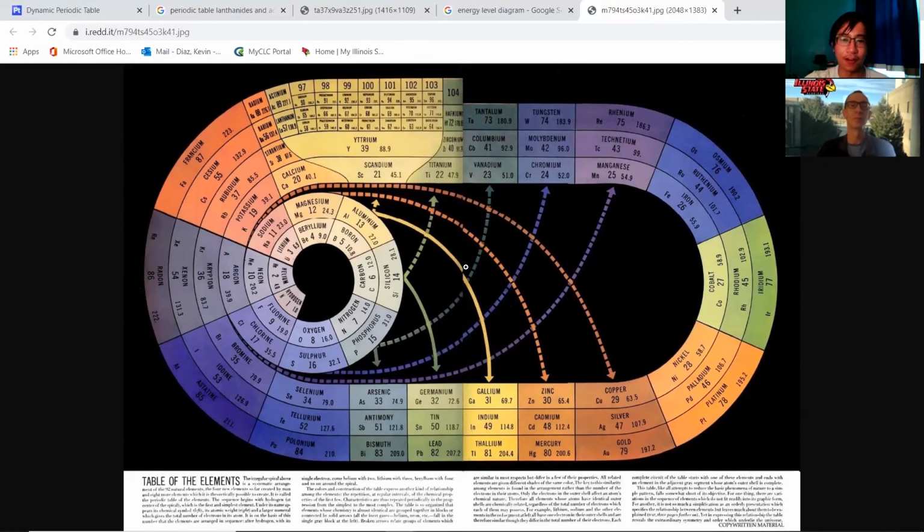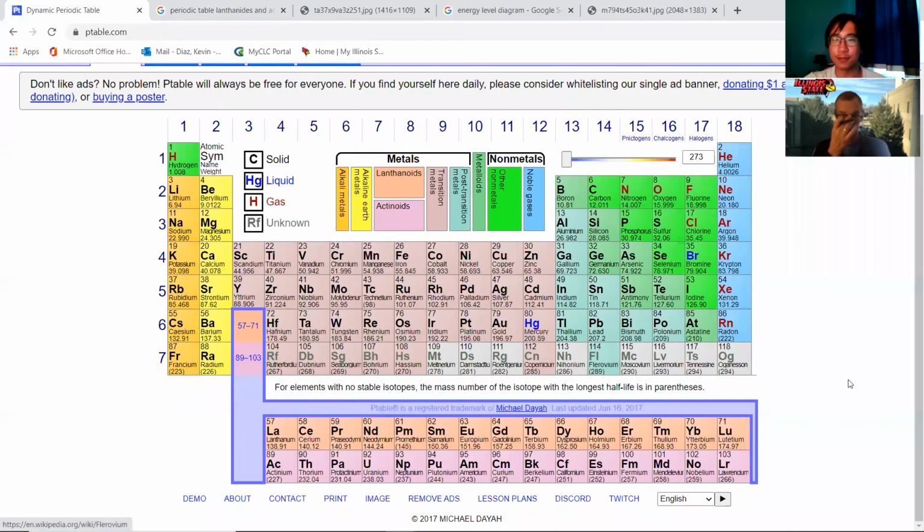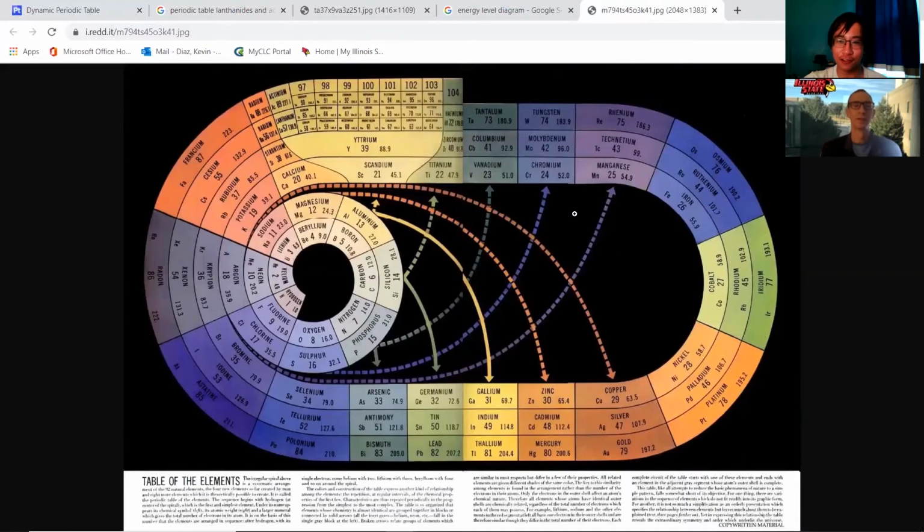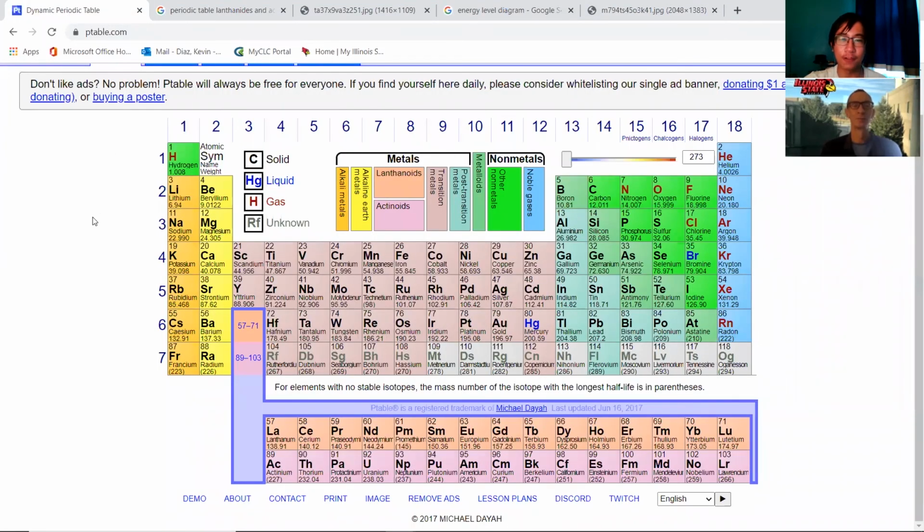Hopefully, with some of these other periodic tables, you might be able to better visualize some of the other patterns. Maybe you're glad that we don't use this crazy round periodic table to teach you elements and the patterns, but hopefully you'll at least start to appreciate and try to actively familiarize yourself with the periodic table.